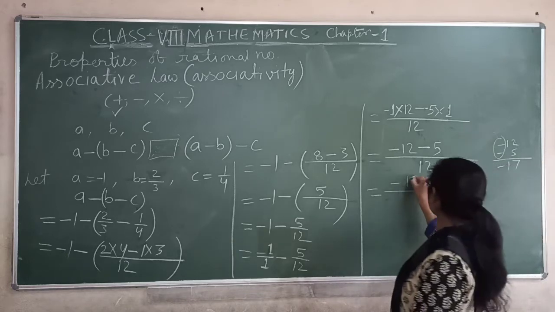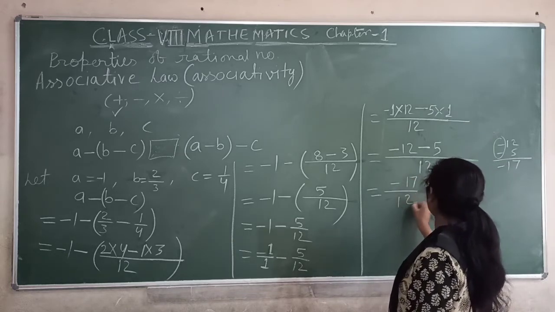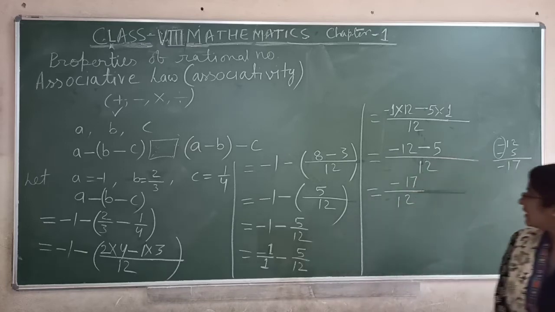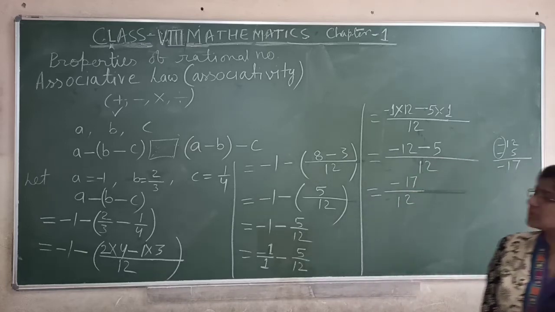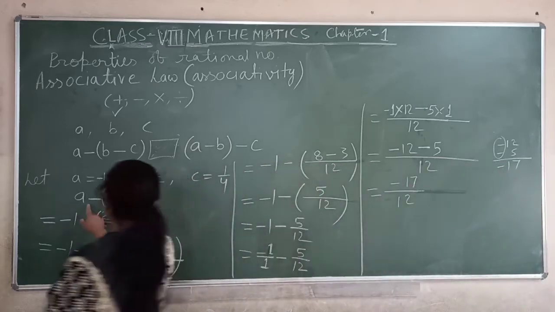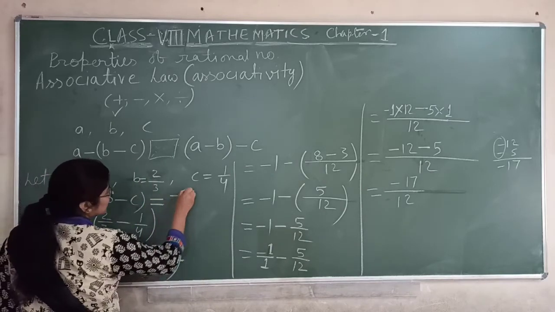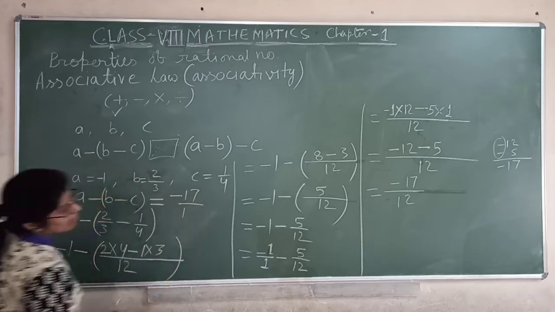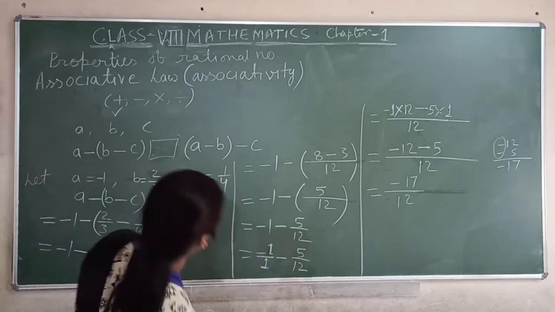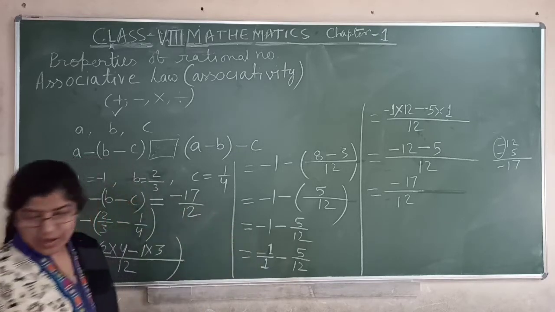So you got minus 17 upon 12. When you calculate this one, A minus B minus C, you are getting minus 17 upon 12.